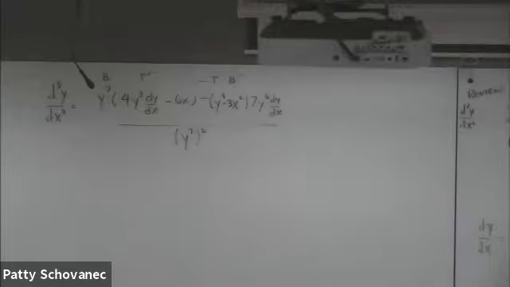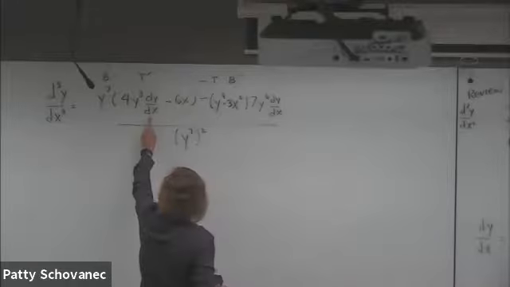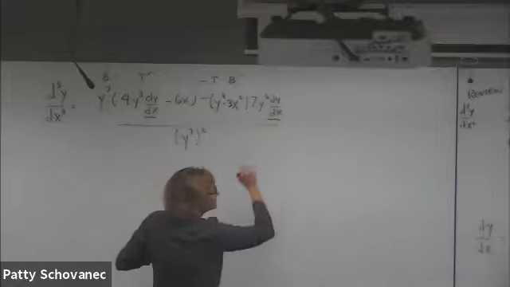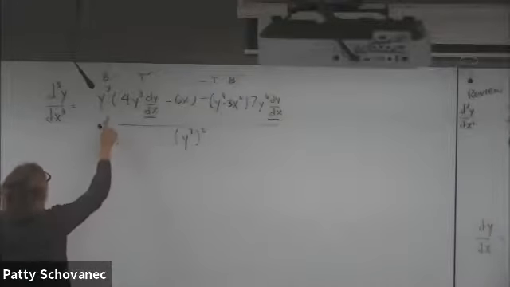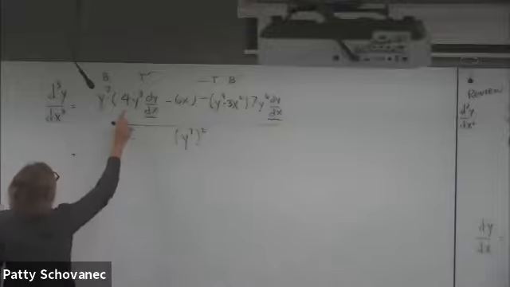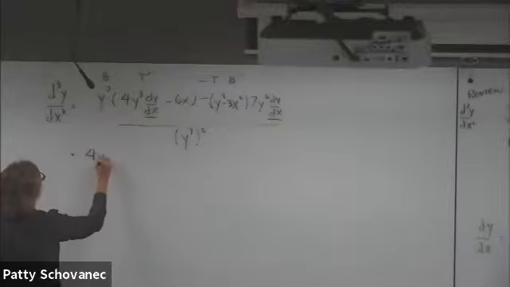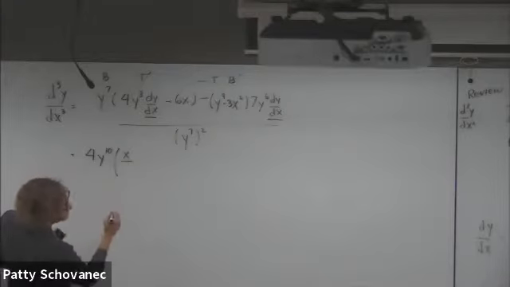All right, I'm going to multiply this out a nudge, not much. And I'm going to replace this with what we got in that first line, dy dx was x over y cubed. So this becomes 4y to the 10th. Then my dy dx was x over y cubed.